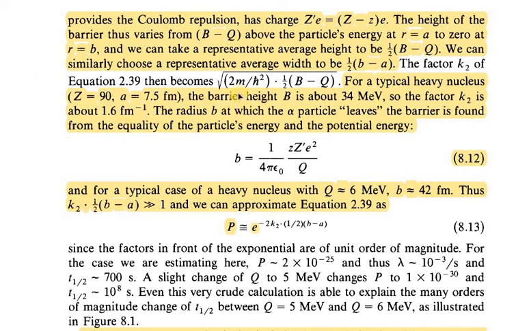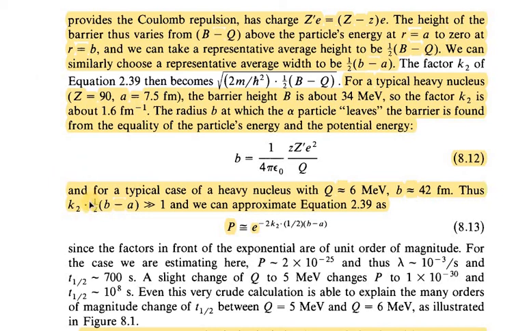The radius b at which the alpha particle leaves the barrier is found from the equality of the particle's energy and the potential energy, b equal to 1 by 4 pi epsilon 0 Z prime e square by Q. For a typical case of a heavy nucleus with Q equals 6 MeV, b is approximately 42 femtometer.